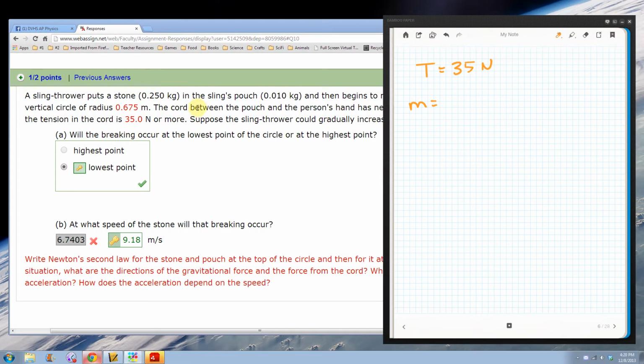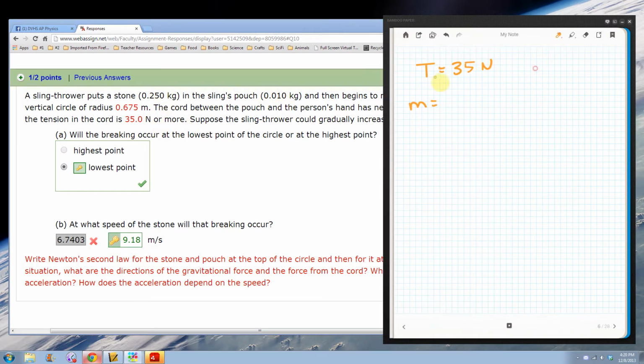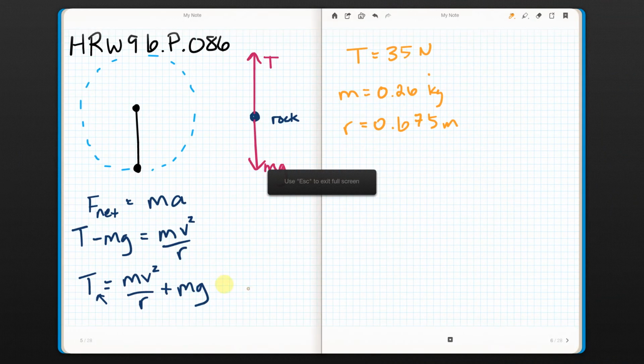The mass is all the mass at the end of the string, so that's the stone and the pouch: 0.25 plus 0.01, so that's 0.26 kilograms. And I've got a radius in this problem of 0.675 meters. Okie dokie.